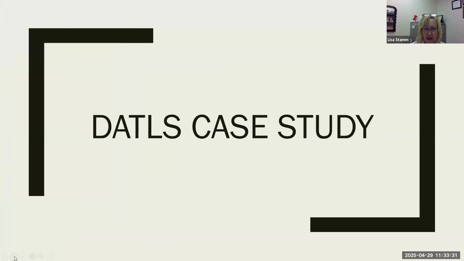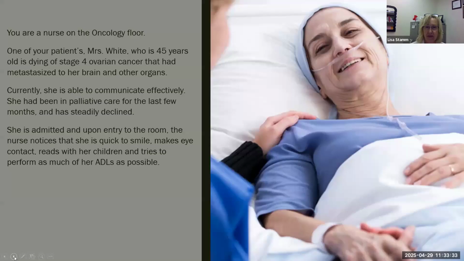Let's go ahead and get started with this. So our scenario is we have a patient, her name is Mrs. White, who is 45 years old. She is dying of stage 4 ovarian cancer that has metastasized to her brain and other organs. Currently, she's able to communicate effectively. She had been in palliative care for the last few months and has steadily declined.